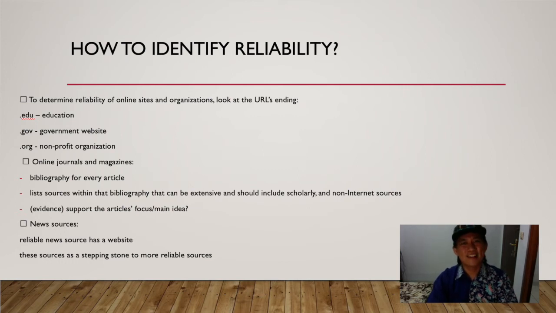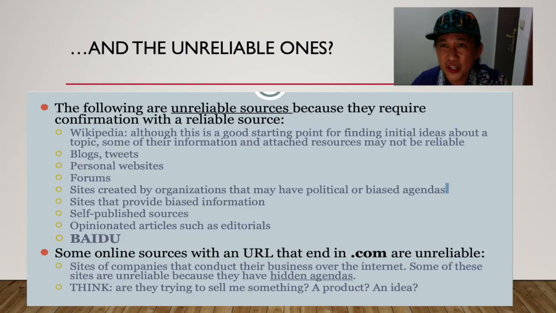Now, how will you know if the website is unreliable? Here are examples of unreliable websites. One, Wikipedia. Why is Wikipedia unreliable, when it is actually a good starting place for ideas?